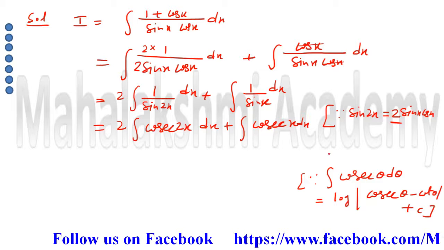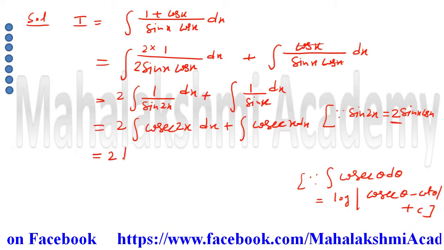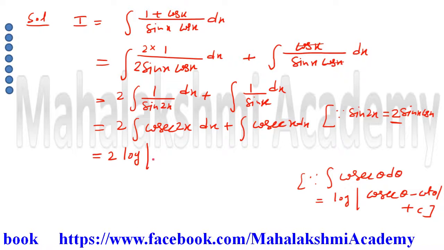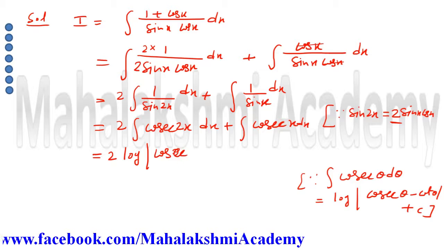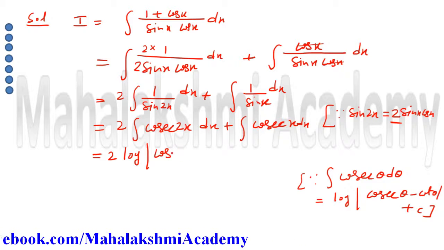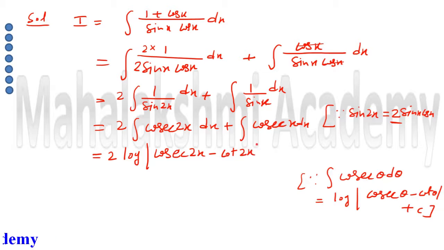So according to this formula, we are going to get here 2 log mod cosec 2x minus cot 2x. Now here it's not x, it's 2x.